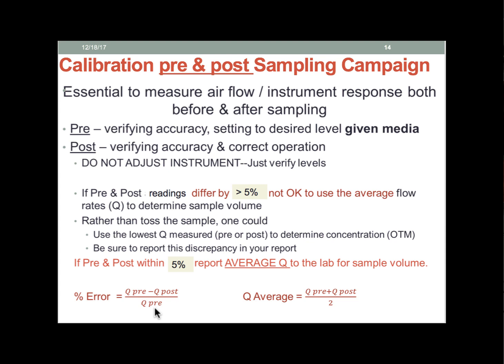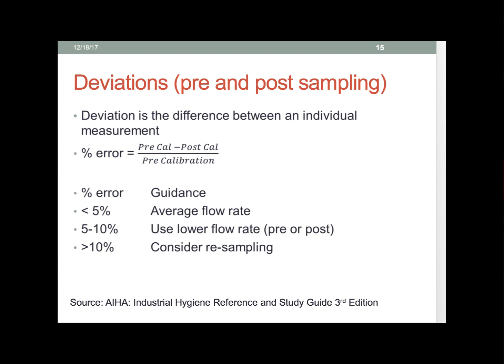If the pre and post flow rate difference is 5% or less, then we use the average when we calculate our sample volume to report that to the lab. If our flow rate error was between 5 and 10%, then we need to use whichever one was lower, either the pre-cal or the post-cal.